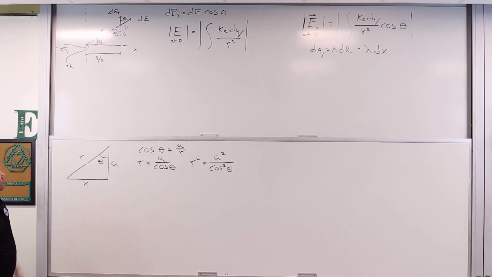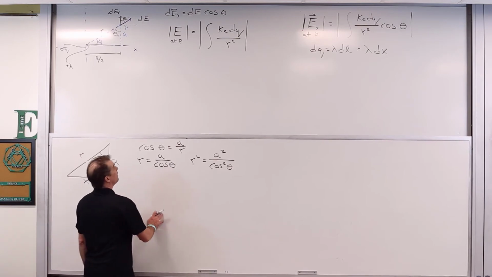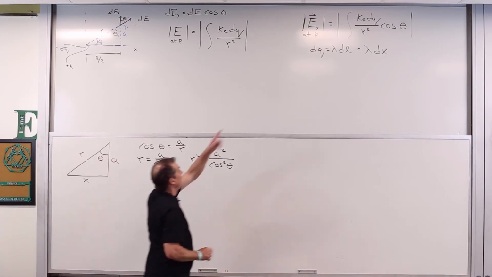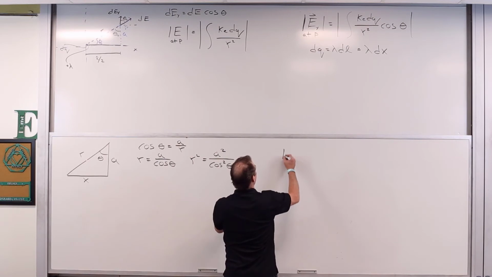All right, so we've got the r taken care of. What about x? We want to keep x, or do we want to get rid of it? Let's get rid of it. Let's rewrite x in terms of theta as well. Well, before we do that, let me stick this in here and see what we're doing.